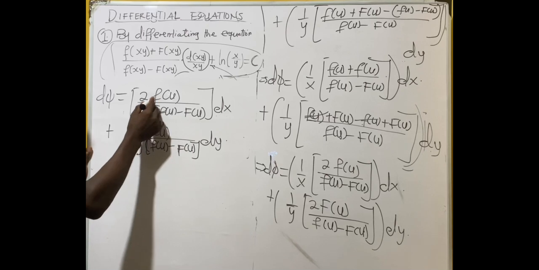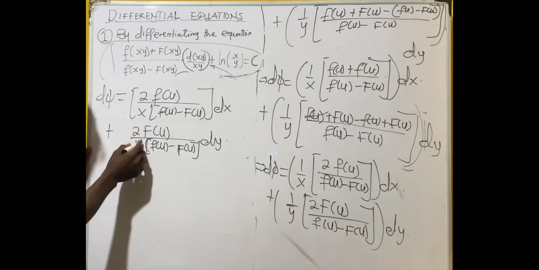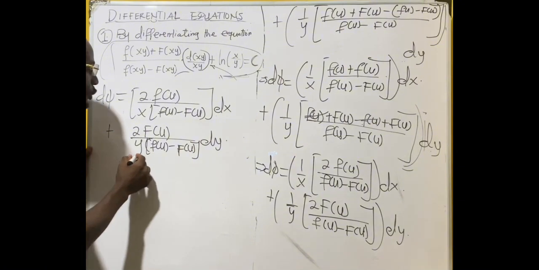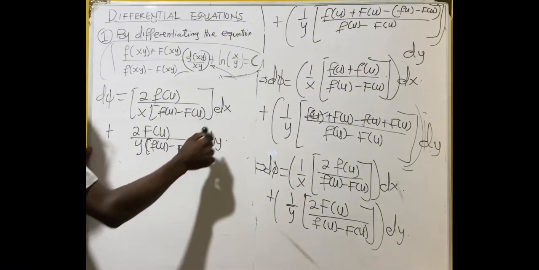We can see that we have a coefficient 2 common to all, so let's divide both sides by 2.